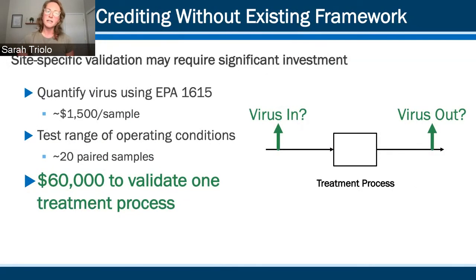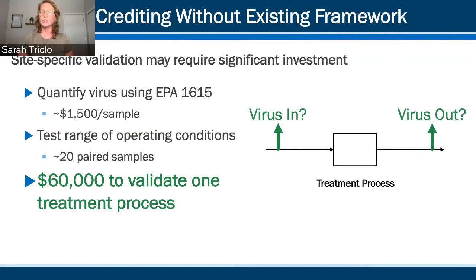And just to give you guys a sense of what might be the cost of this type of work, if you're going to actually do challenge testing using virus, this can be really expensive. It can cost more than $1,000 per sample. And so when you have to do challenge testing that looks at a range of operating conditions, that could end up being 20 paired samples.